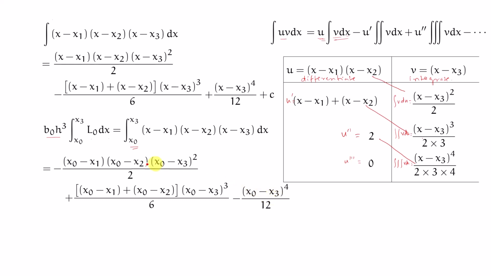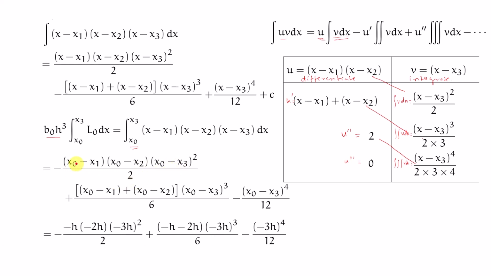Now what we'll do is write each of these in terms of h. So x0 minus x1 should be negative h, because x1 minus x0 is h. Similarly, x0 minus x2 is negative 2h, x0 minus x3 is negative 3h. Similarly here, x0 minus x1 is negative h, x0 minus x2 is negative 2h, and x0 minus x3 is negative 3h.